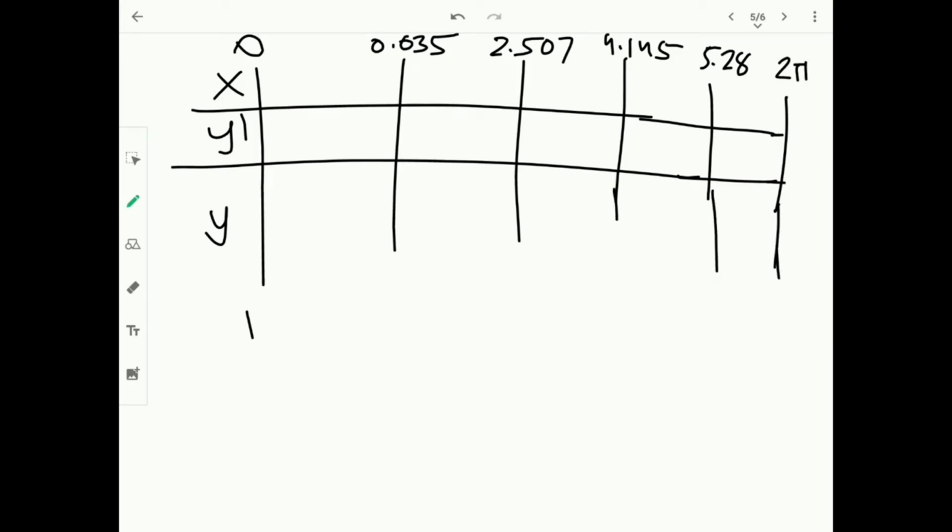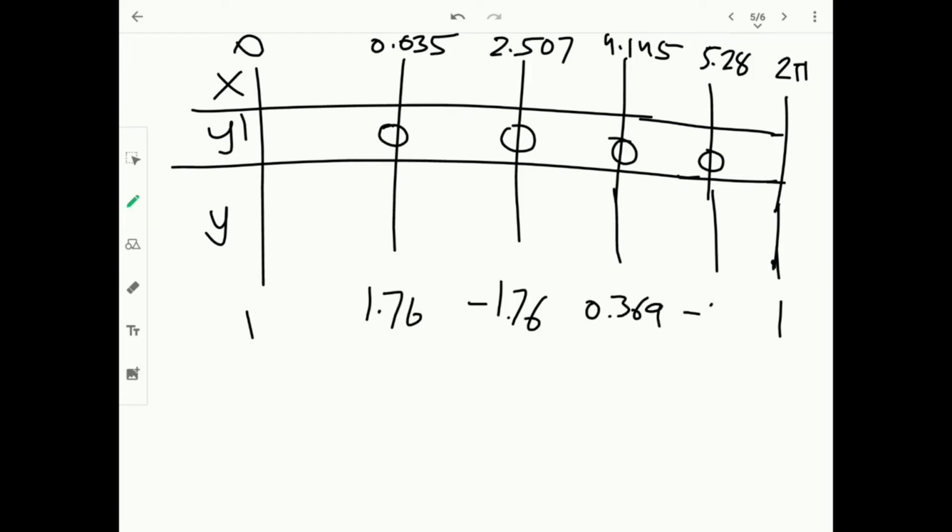Let's just draw it down a little. 1, right? Now this was 0, 0, 0, 0, and now let's just find the y values. This is 1.76, minus 1.76, 0.369, minus 0.369. It's just simple substitution. Now a better thing to do would be to find the sign of y prime at the endpoints, so you know if it's sloping upwards or downwards at the end as well.